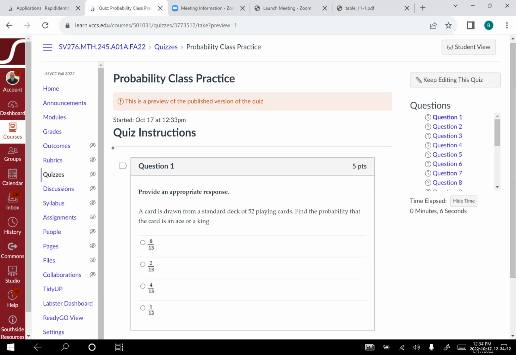All right, card is drawn, find the probability. Okay, so we did this one already, and this was an addition rule problem. And you kind of get tipped off to that because of this. It's an OR problem.